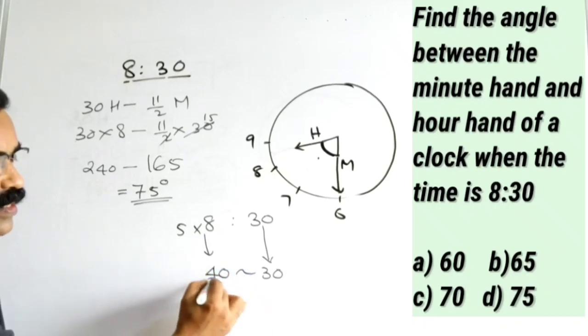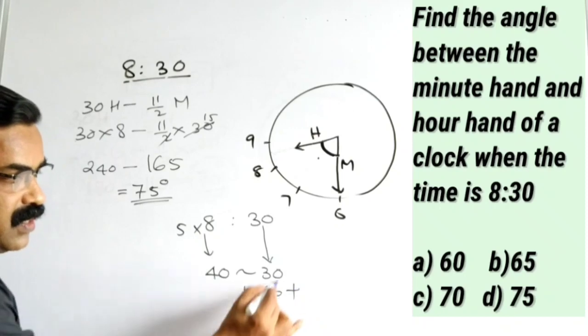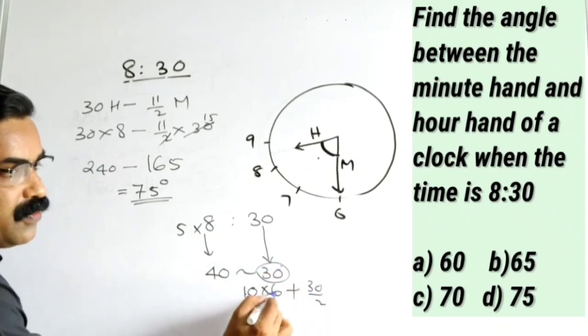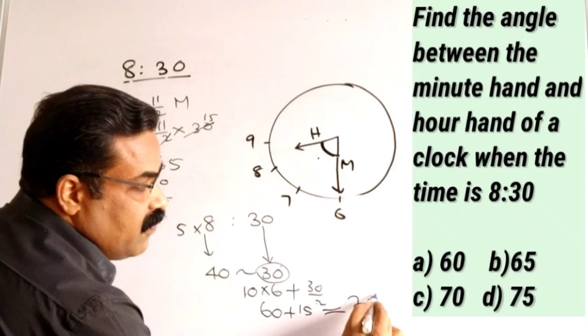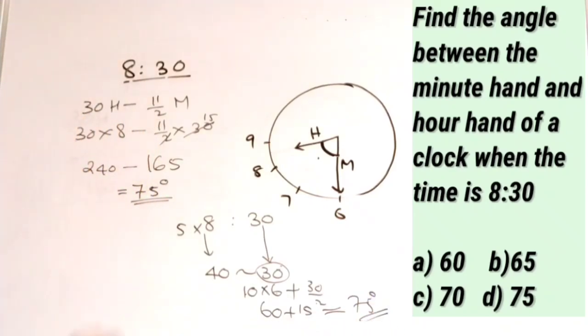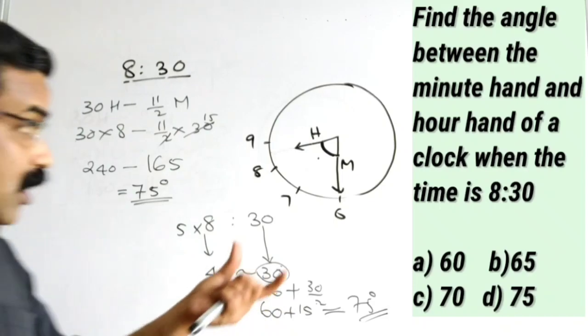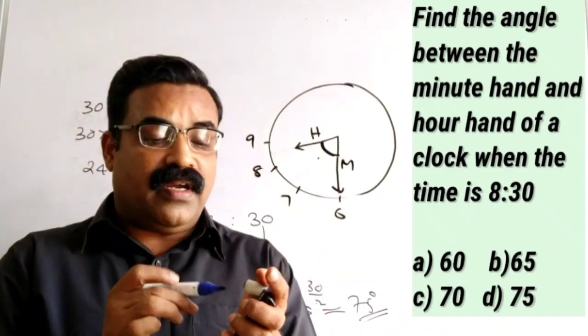The difference between 30 and 40 is 10. 10 multiplied by 6, plus half of this 30, 30 by 2. So 10 into 6 is 60, plus 30 by 2 is 15. So we got the answer 75 degrees. So with both methods we are getting the same answer, 75 degrees and 75 degrees. Accordingly you can mark the correct option. So I hope this concept is very clear for you.